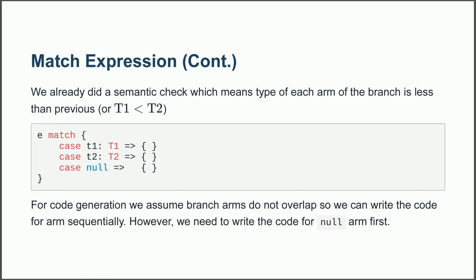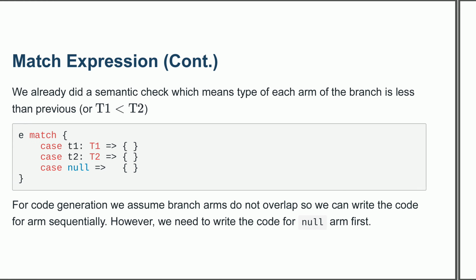But one thing we haven't done is we need to do it in the code generation, codegen.scala: we need to see if a null branch arm was provided. If it's provided, you need to use that. Otherwise, you need to create another one for yourself. You will see what I am talking about in the next slide.